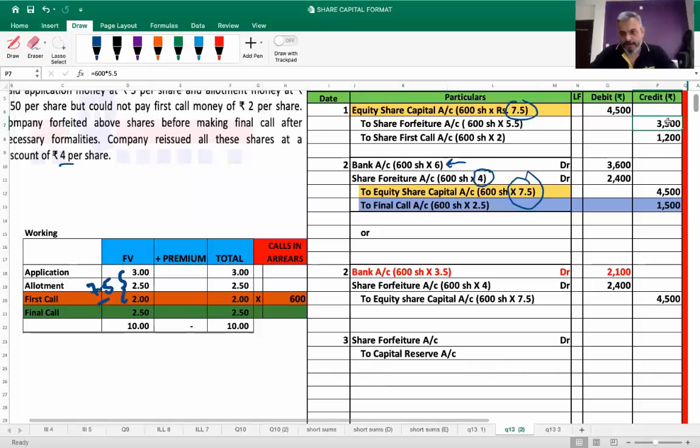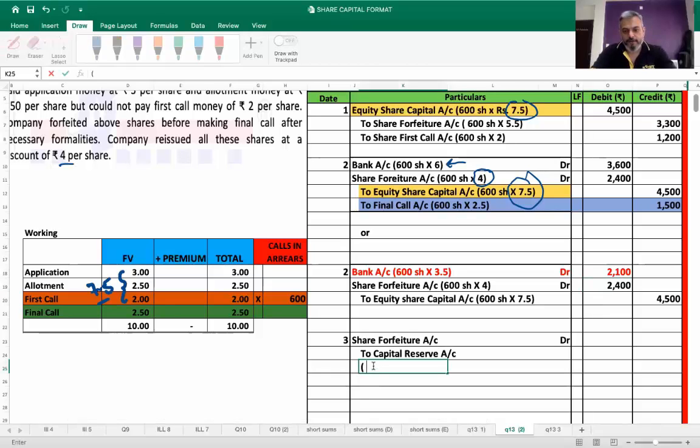So directly you can take the difference, 3300 minus 2400, or you can do the working 600 shares into, you forfeited 5.5, you gave a discount of 4, which is equal to 1.5. So 600 into 1.5 is 900.